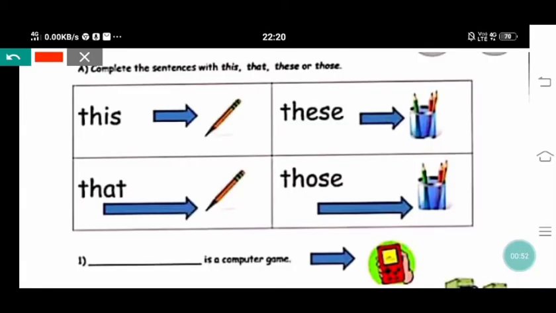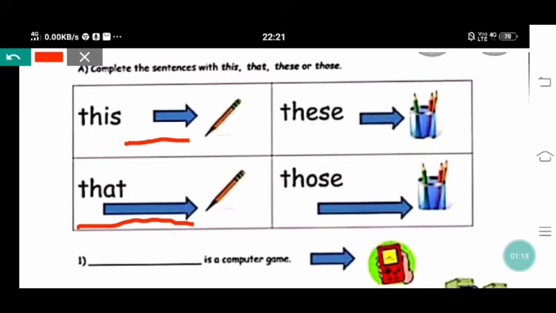Here arrow is short. It means we have to use this. It means the thing is near to you. Here arrow is long, so you have to use that. It means things is far from you.